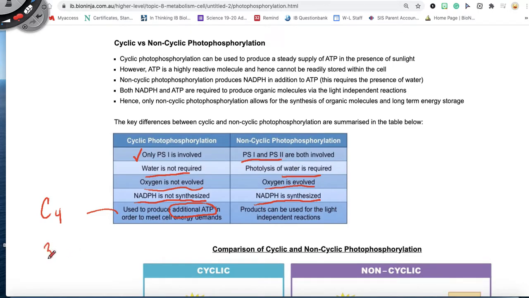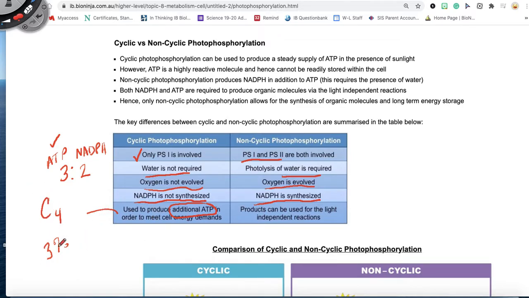So these C4 plants only make up about 3% of plants worldwide, but they have an additional ATP requirement. Usually they require 3 ATP molecules to 2 NADPH molecules. So there's a higher ATP requirement in these types of plants.